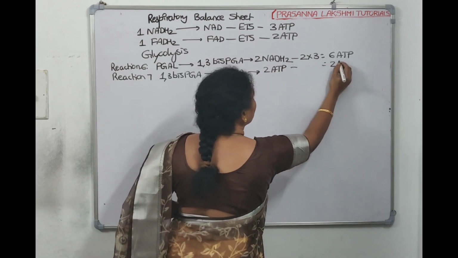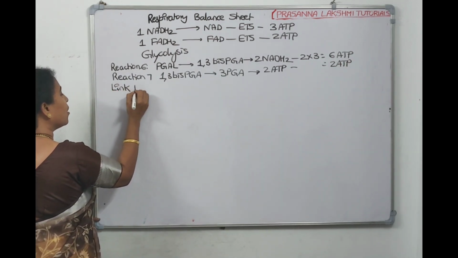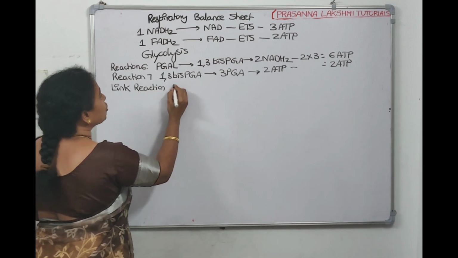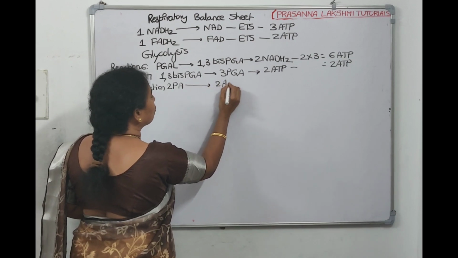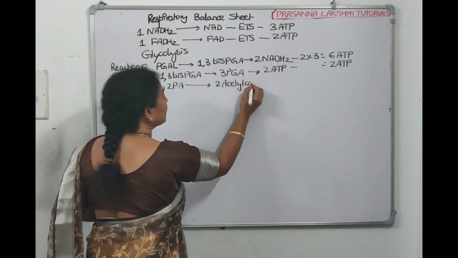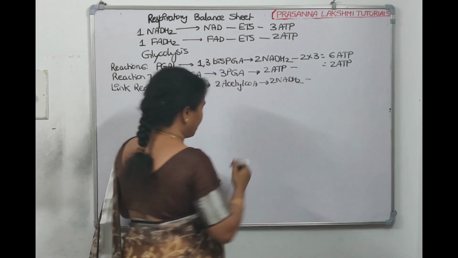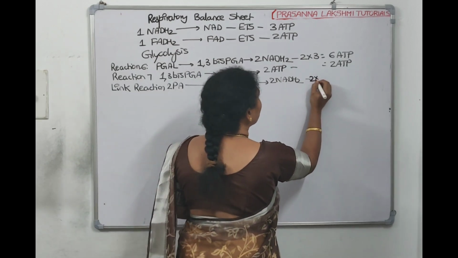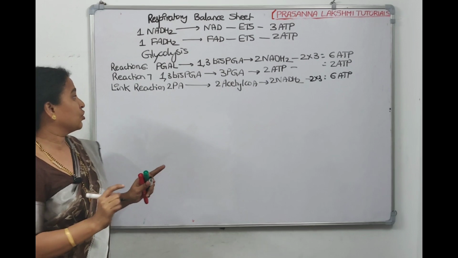So then 2 ATPs. Now coming to the link reaction, we are just summarizing, we have seen all these things. In the link reaction, when 2 pyruvic acids get converted to 2 molecules of acetyl-CoA, 2 molecules of NADH2 are made. Each NADH2 will give 3 ATP. So 2 into 3, 6 ATP in this reaction.